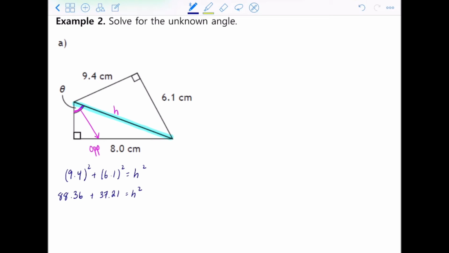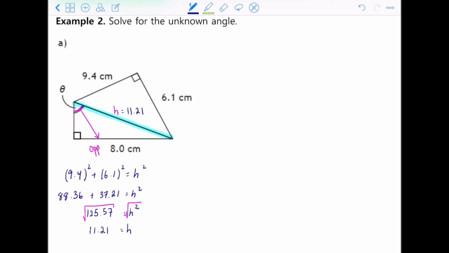And when you add those two together, you get 125.57. And then in order for us to get rid of that square, we need to square root both sides. So we get 11.21 equals h. So we have found the value of h.